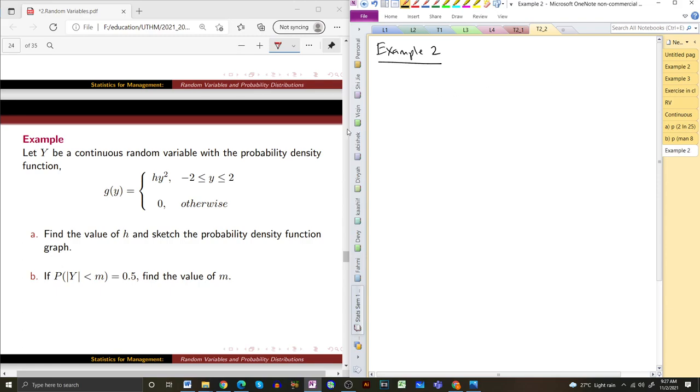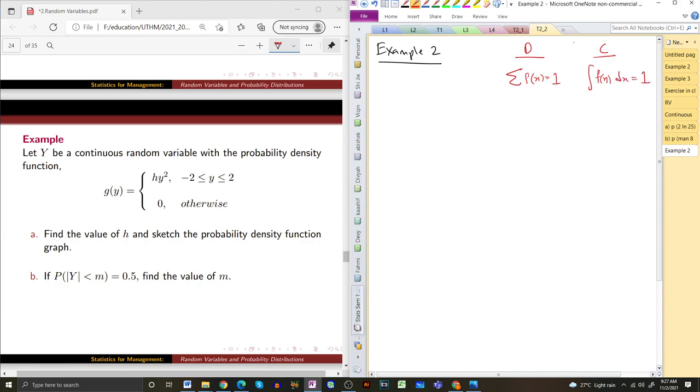Now we are going for example 2 for a continuous random variable. Normally in discrete, if you have any constant here, h, k, a, something like that, remember we use this property: the sum of probability is equal to 1. Same goes here for continuous: the sum, in terms of integration, is equal to 1.